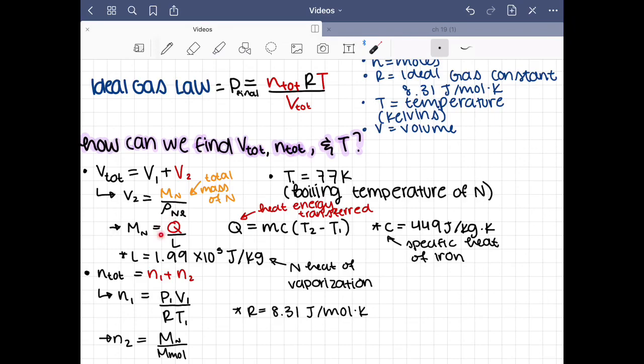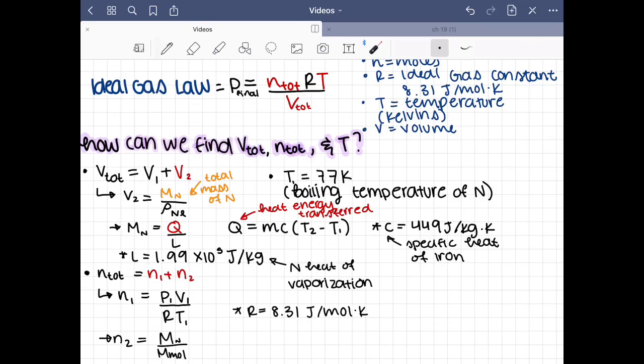We don't know what the heat energy transferred is, but we do know what this L is, the nitrogen heat of vaporization, which I know is this value. But to use this, first I would need to find what the heat energy transferred is. And to use this equation, I have all the values that I need. M is the mass, and C is the specific heat of iron, which I know is this, and I have these values for the temperature.